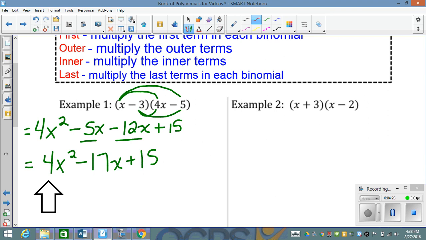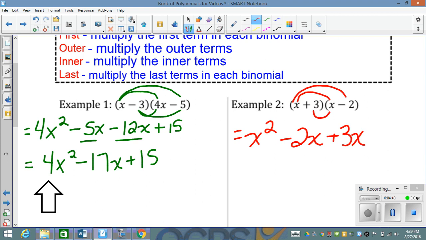We're going to use the FOIL method on all of these. And then after that, I don't care whether you use the FOIL method or use the box method. Doesn't matter to me at all. Okay, so ready? First, x times x is x squared. Outer, x times -2 is -2x. Inner, 3 times x is 3x.